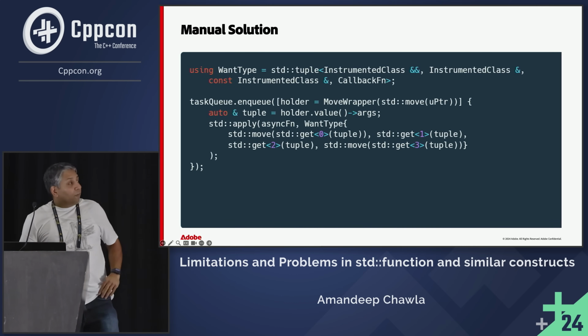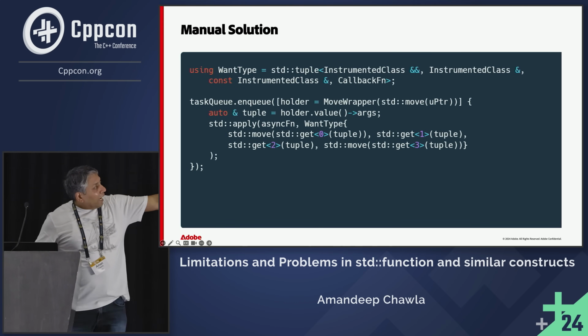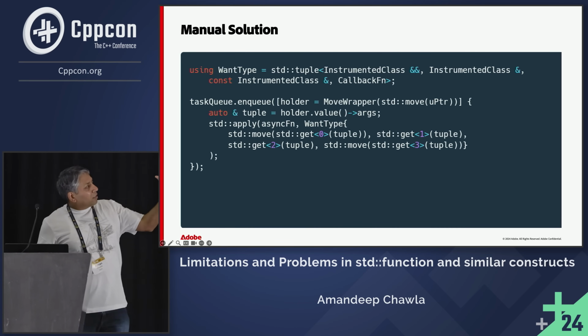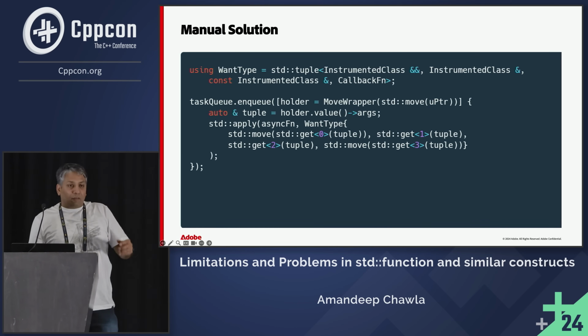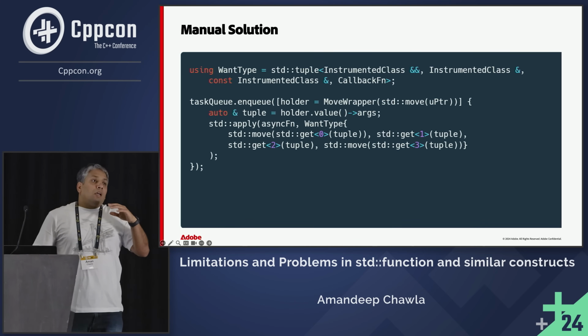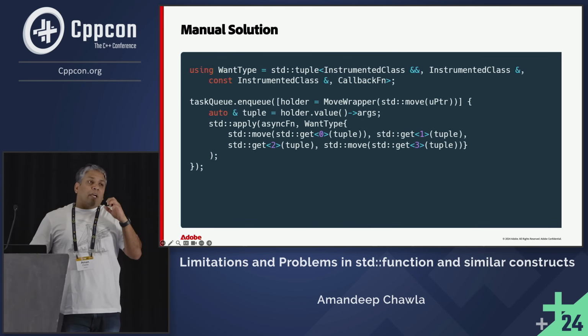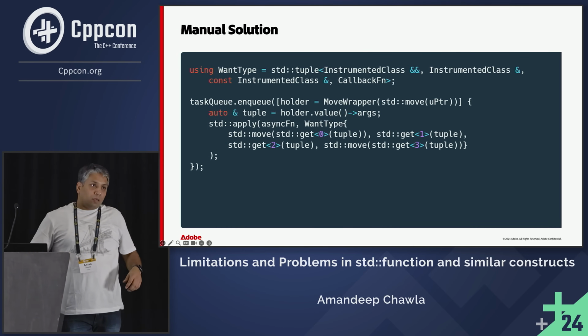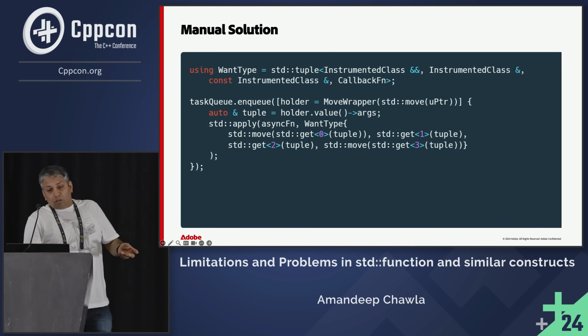So if you see, I have to hard code what is my want type, and even in the standard apply, I have to do all this magic. On something I have to call move, on others I don't have to call it. So it's still a lot of code every time I have to write if I want to invoke a function on another thread. Okay. Let's see what we can improve there.